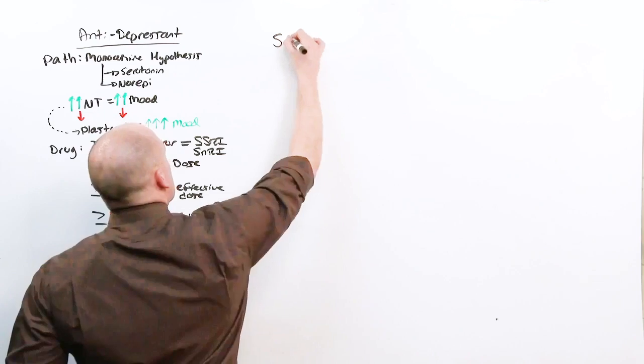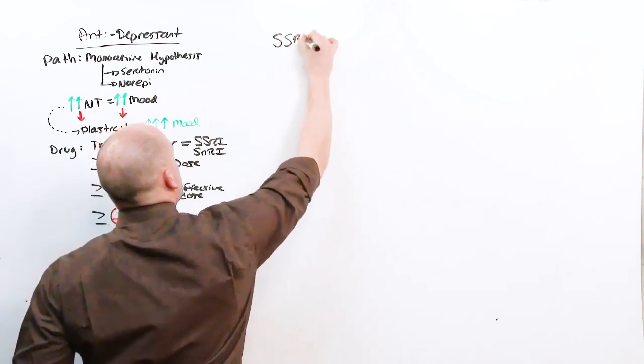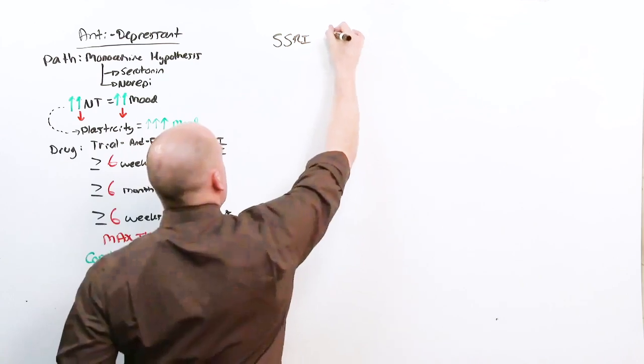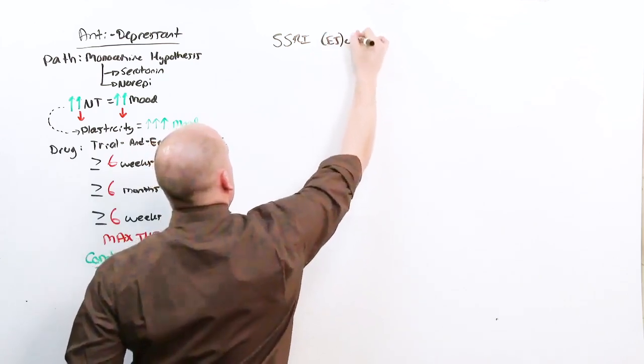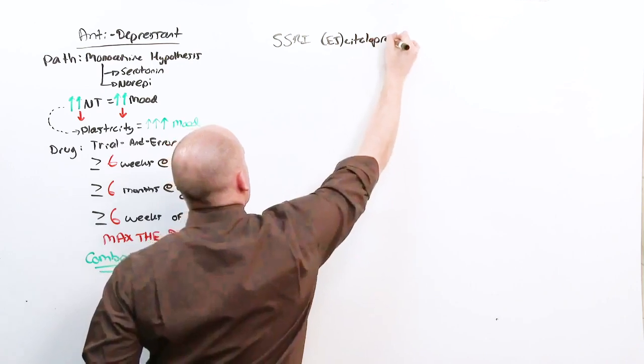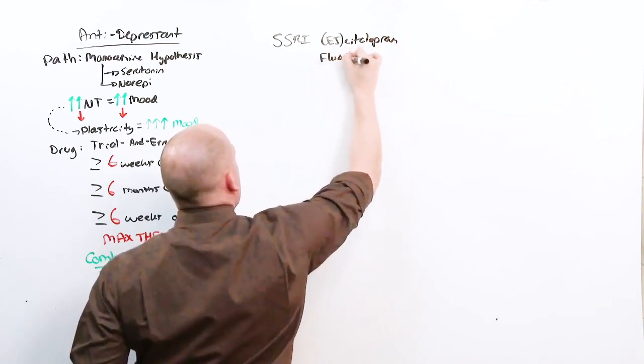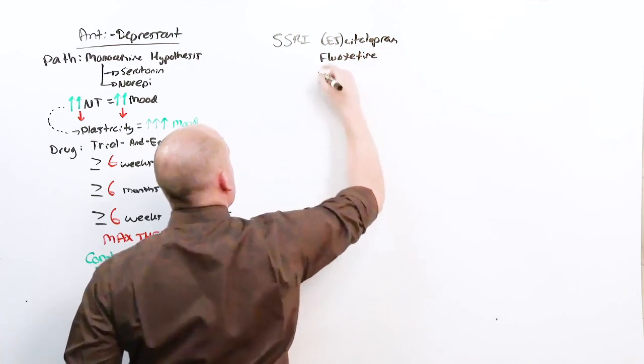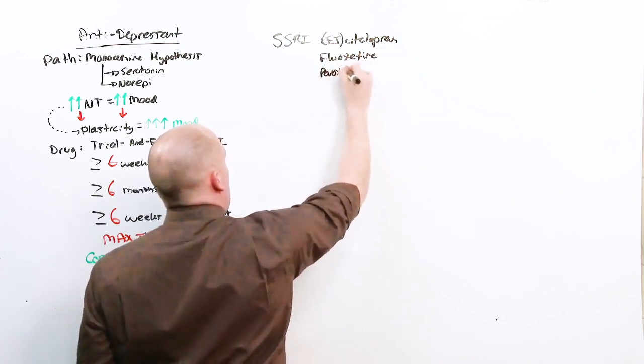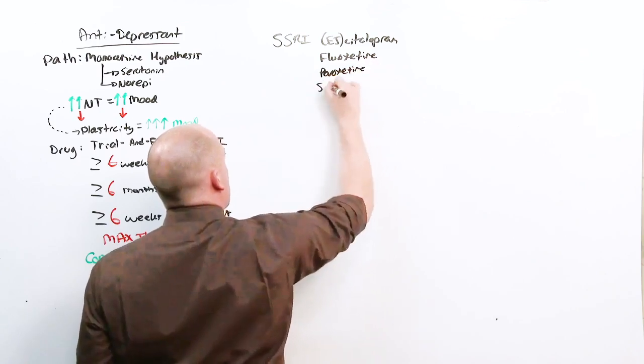The first class is the selective serotonin reuptake inhibitors, the SSRIs. And when I say SSRI, I think of escitalopram, fluoxetine, paroxetine, and sertraline.